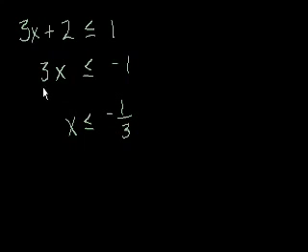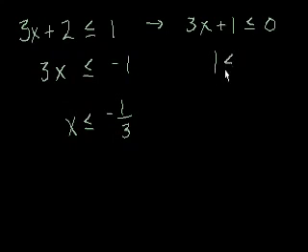We could have actually done this equation in a slightly different way. What if we subtracted 1 from both sides? So this is another way of solving it. What if we said 3x plus 1 is less than or equal to 0, right? I just subtracted 1 from both sides. And now let's subtract 3x from both sides. And we get 1 is less than or equal to minus 3x, right?